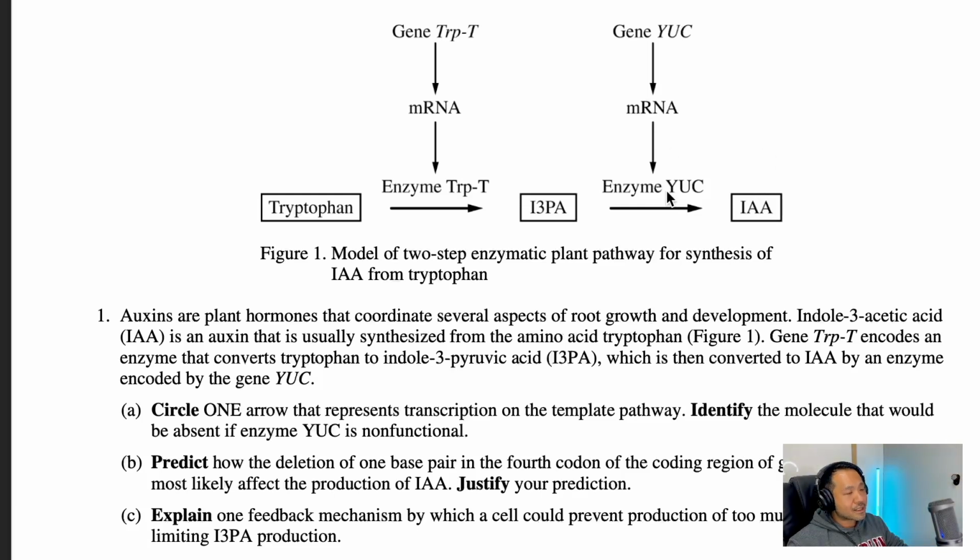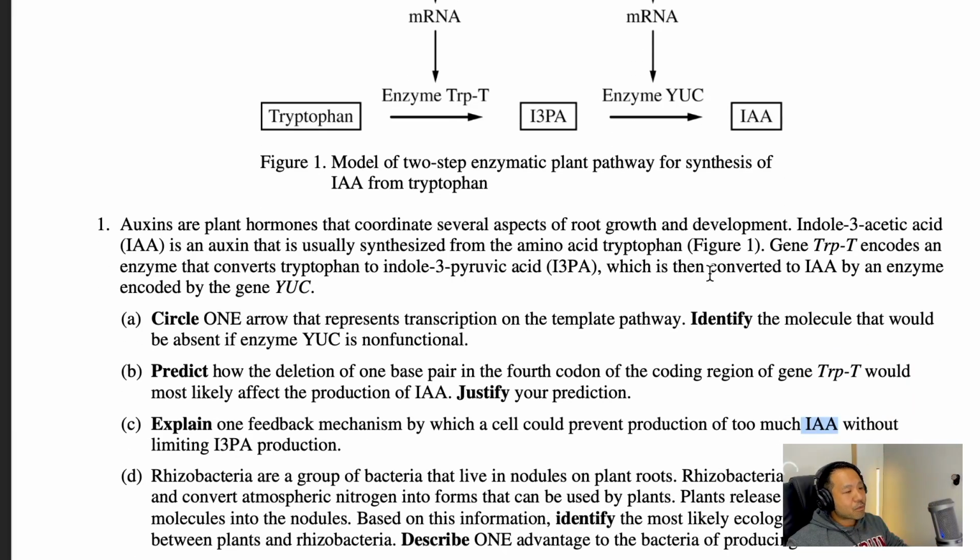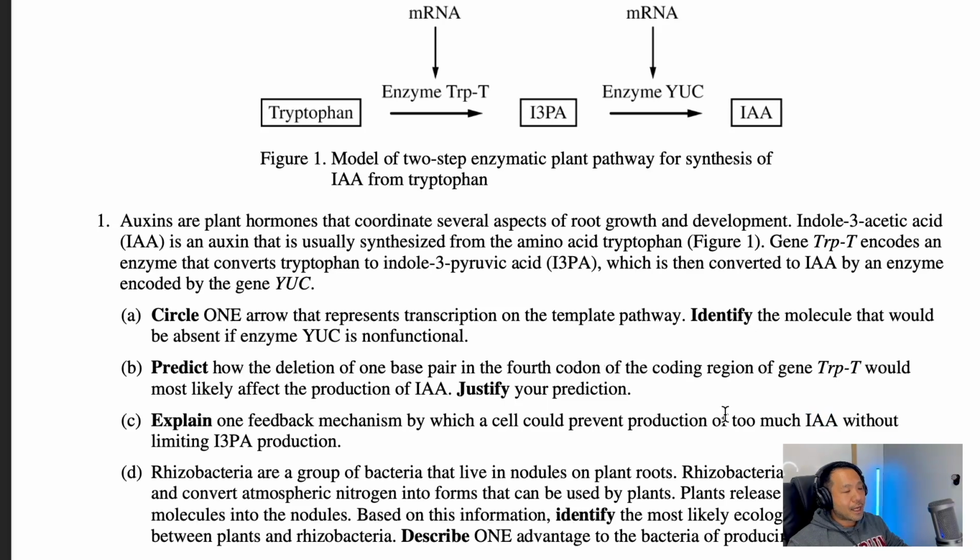To explain that simply, if you have too much IAA, it maybe binds to an allosteric site on the enzyme YUC that alters the active site of that enzyme, thereby making it inactive. As a result, I3PA is no longer converted into IAA, which then self-regulates the amount of IAA present in the cell.